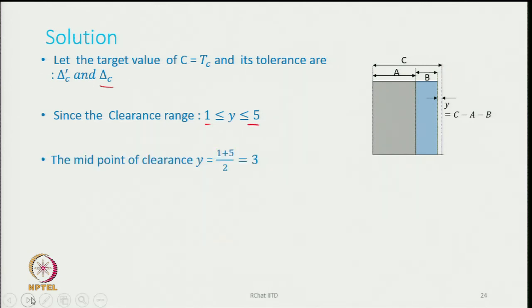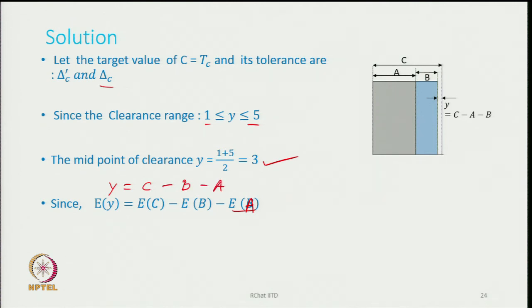So, the midpoint of the clearance is going to be 1 plus 5 by 2, that is 3, and E of y is going to be E of C minus E of B, expected value of B, expected value of A, this would not be B, this would be A, because we know that y is C minus B minus A.